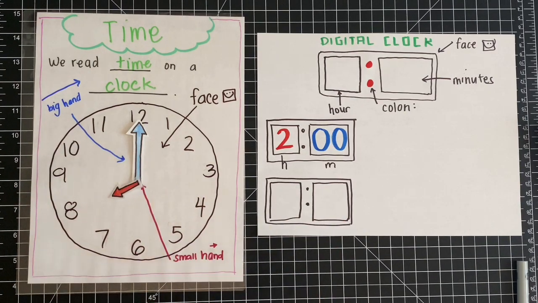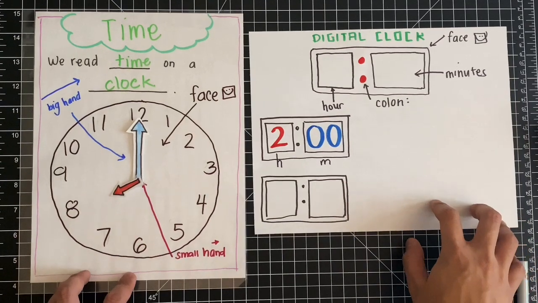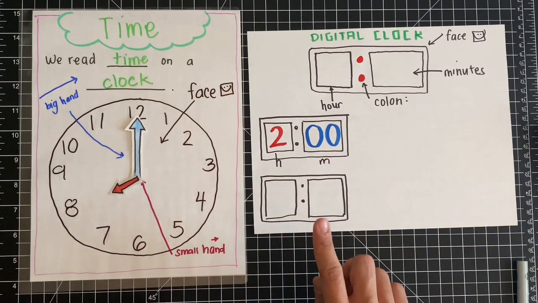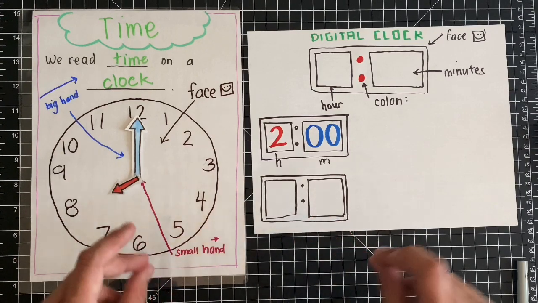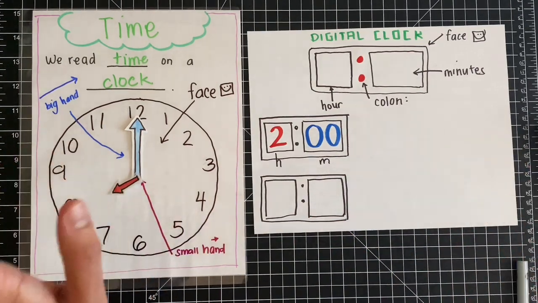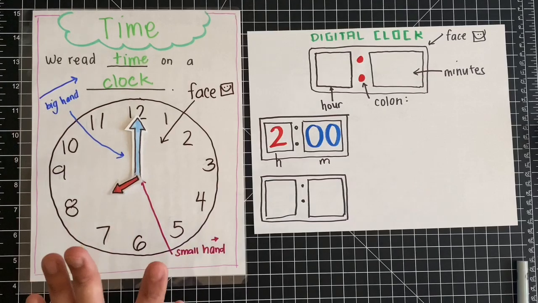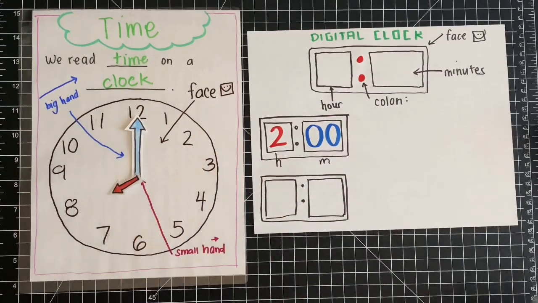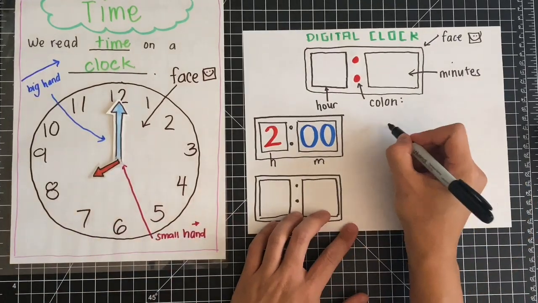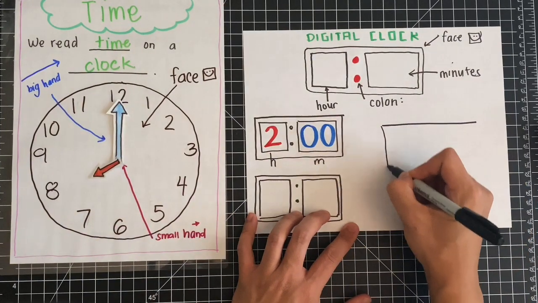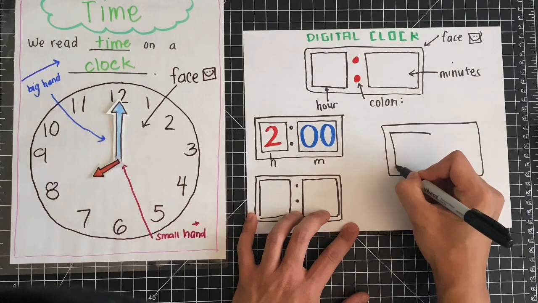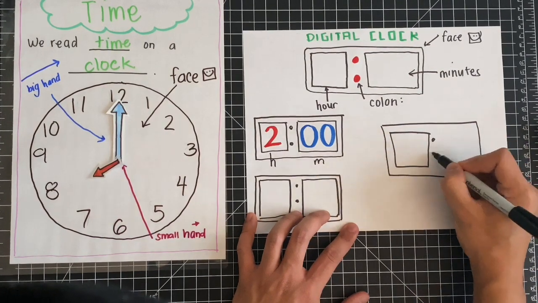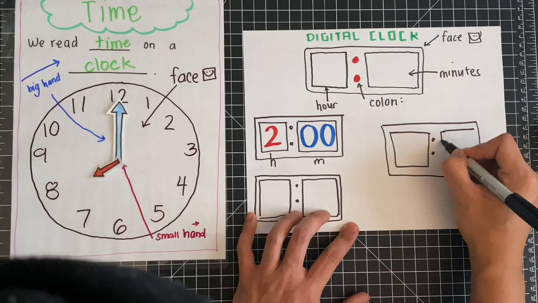All right? And if you think that is still too easy, if you can represent the time on a digital clock and you said, oh, Mr. Junie, I need something more spicy, more challenging, then I want you to do the opposite. So Mr. Junie right now is gonna draw one more digital clock, just like this.